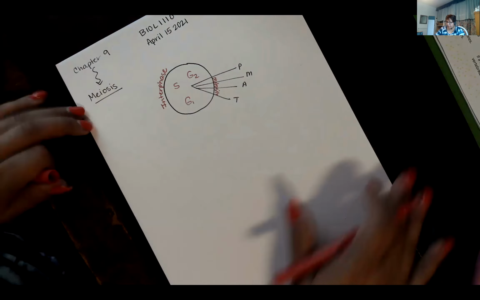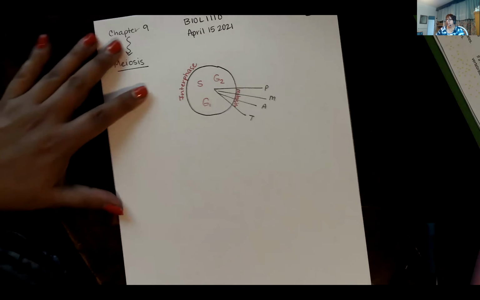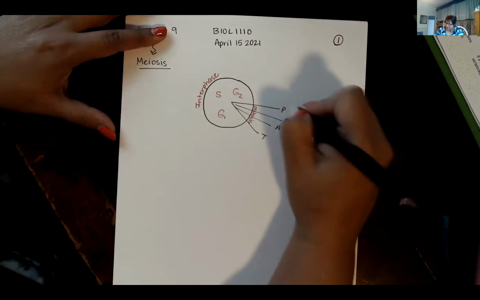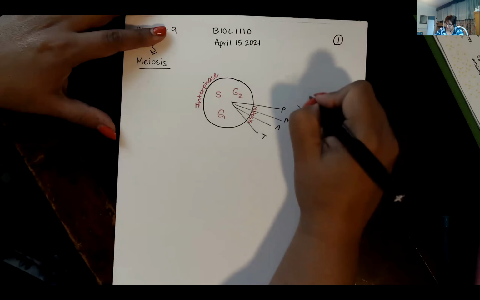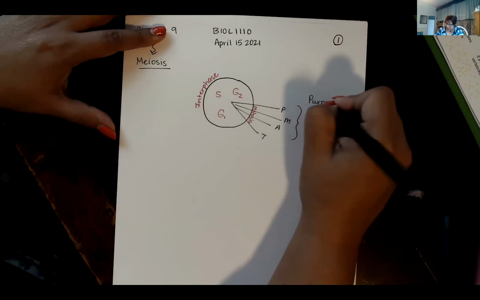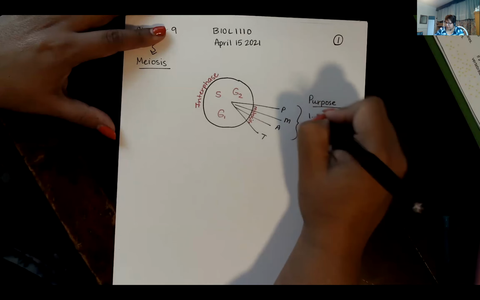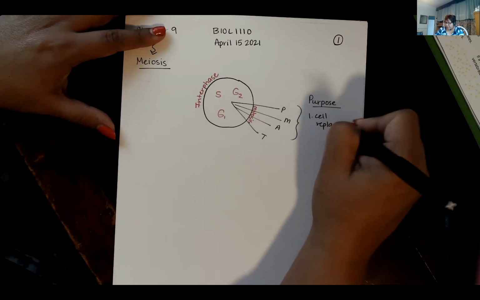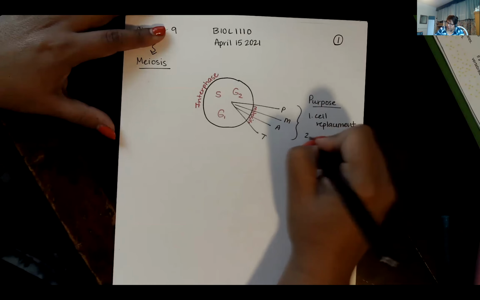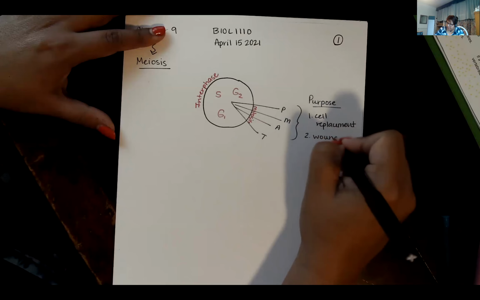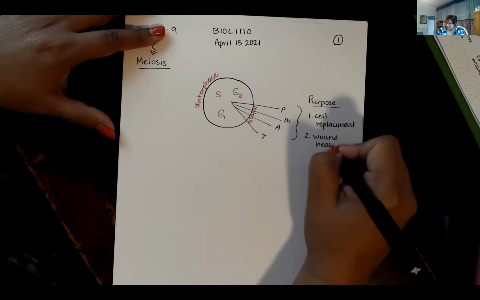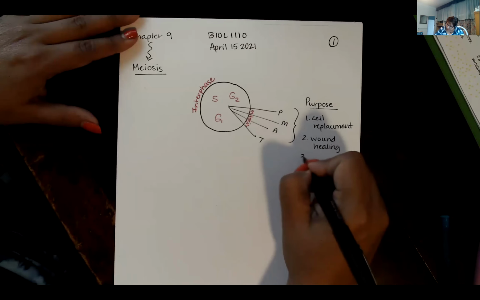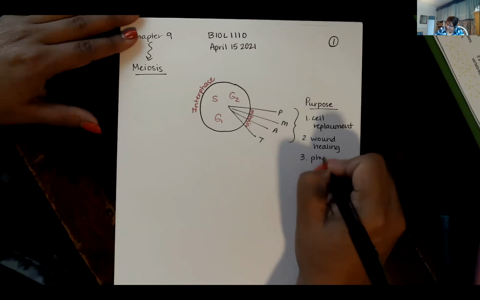I cannot emphasize this enough, but the purpose of mitosis is for cell replacement. It is for wound healing. This is how you get more cells. And it's also to support physical growth.